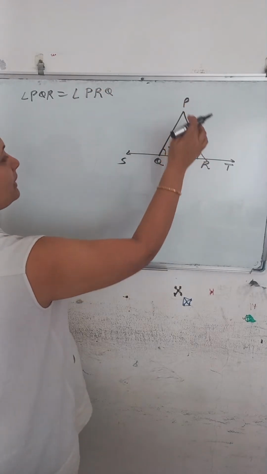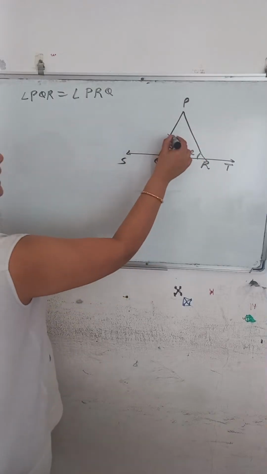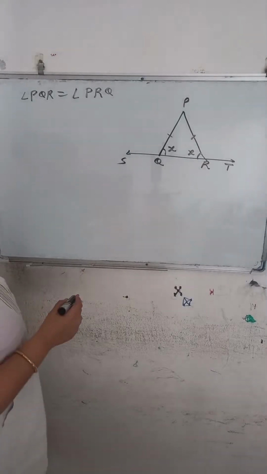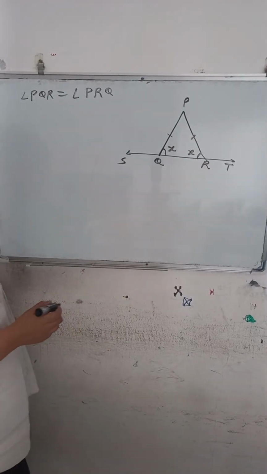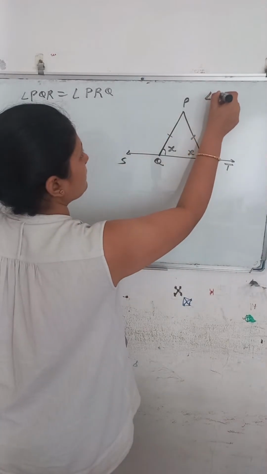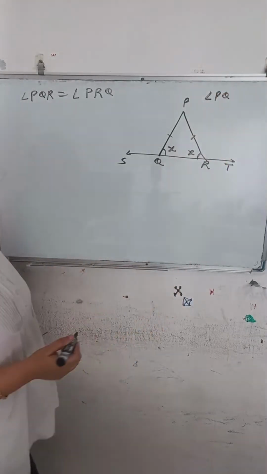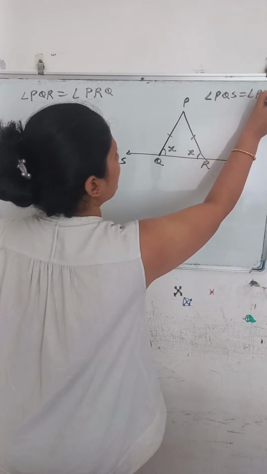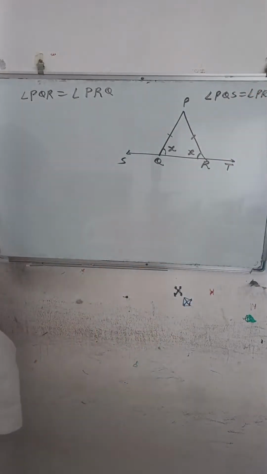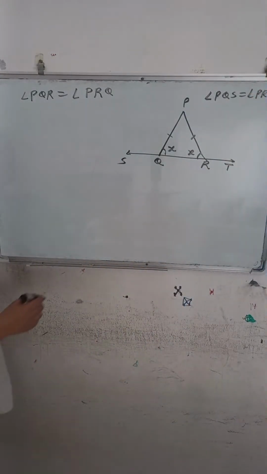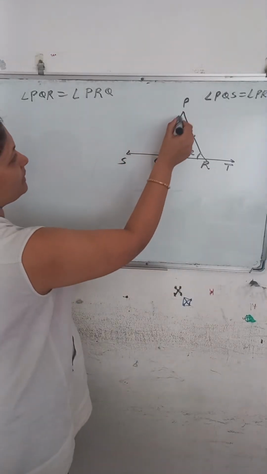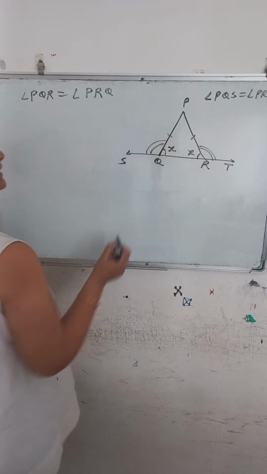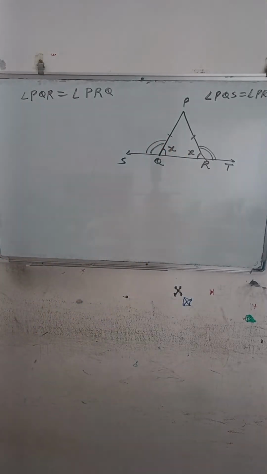These both angles are the same. And what we have to show is that angle PQS is equal to angle PRT. Means both angles we have to show are the same.